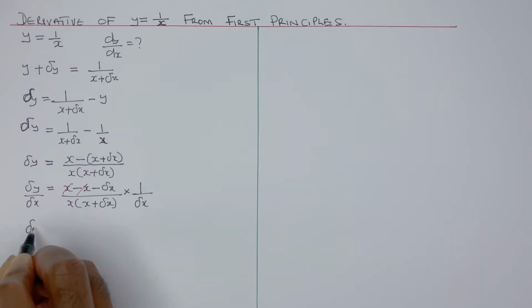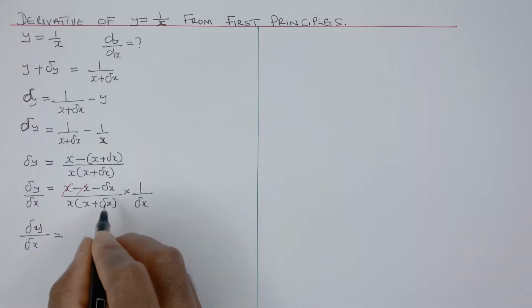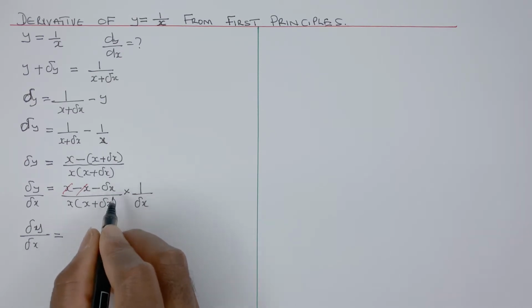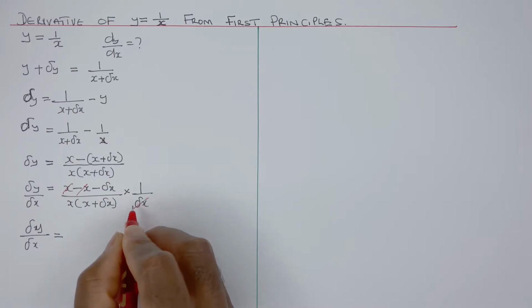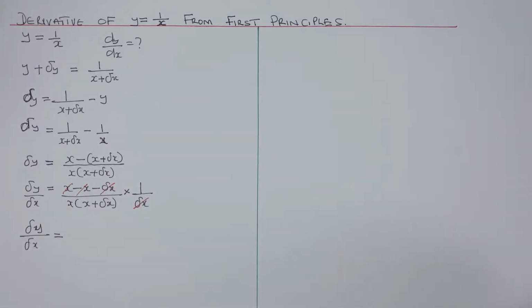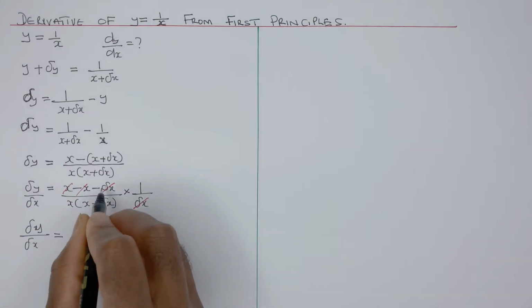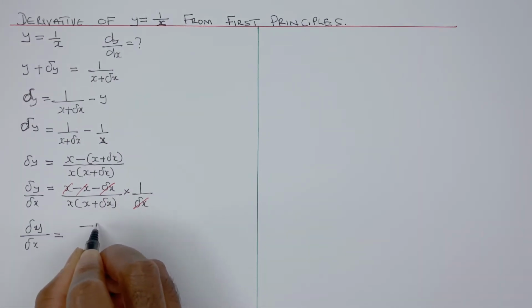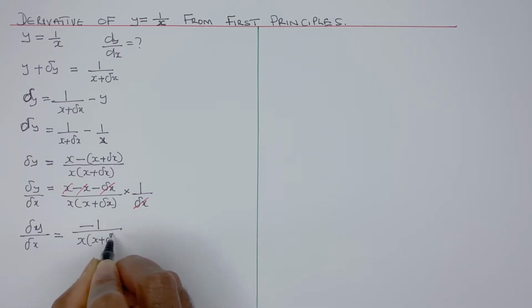And delta y over delta x equals, well, because that's minus delta x left, the delta x here, we cancel that one. That just becomes 1. So I'm going to get minus 1, by the way. So I just get minus 1 over x into bracket x plus delta x.